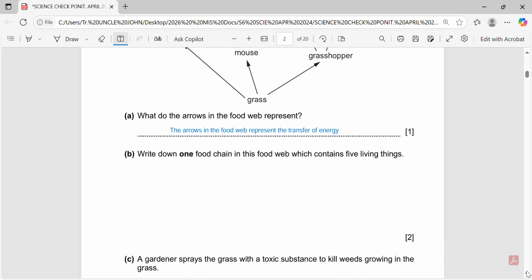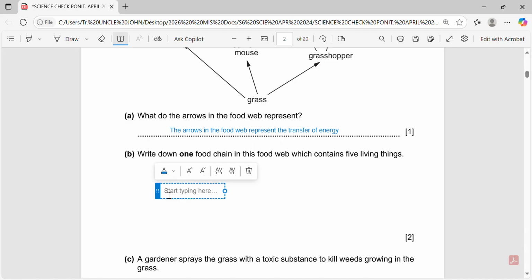Question 1b says, write down one food chain in this food web which contains 5 living things. You can write, there is this one.